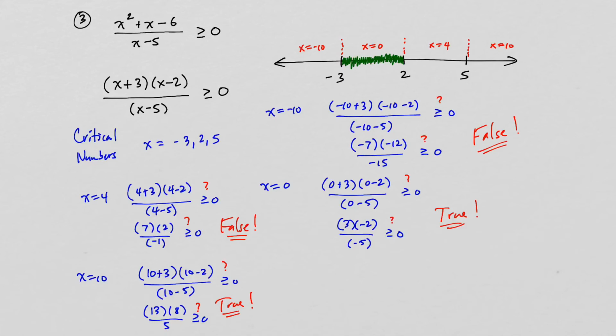And it's true because if you multiply and divide a bunch of positive numbers, you get a positive number. And a positive number is greater than 0. So we will shade the interval that x equals 10 represents, and the interval that it represents is all the numbers greater than 5. So now we need to write our final answer here, our solution.